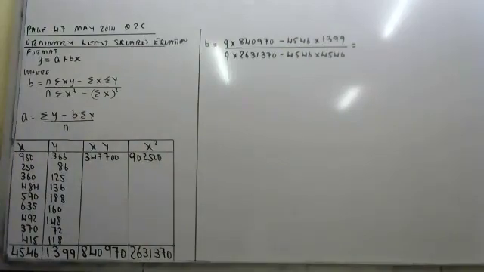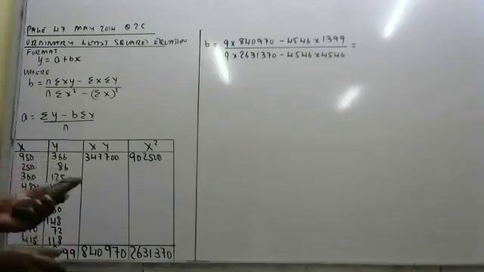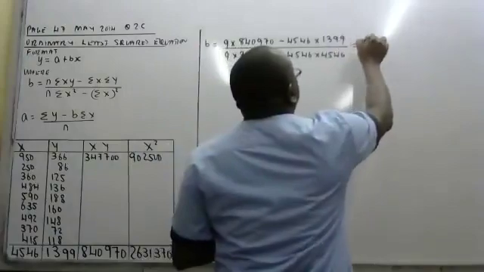So if you put those figures in the calculator, say 9 times 2,631,370 and so on, I'm getting 0.4.